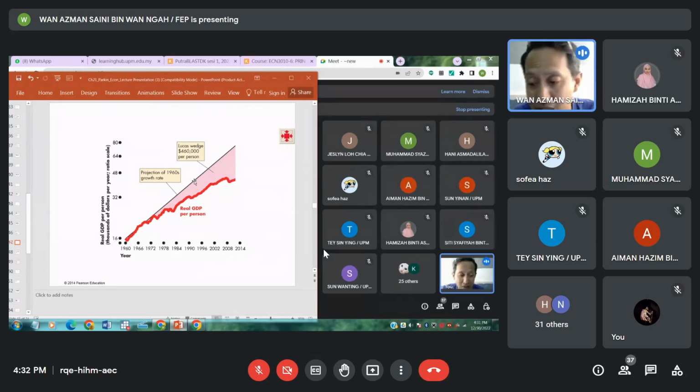But productivity is declining. So this is the projected GDP using the productivity that we had in the 60s. So GDP per capita should be higher if we are able to maintain the productivity. But the problem is productivity is declining.